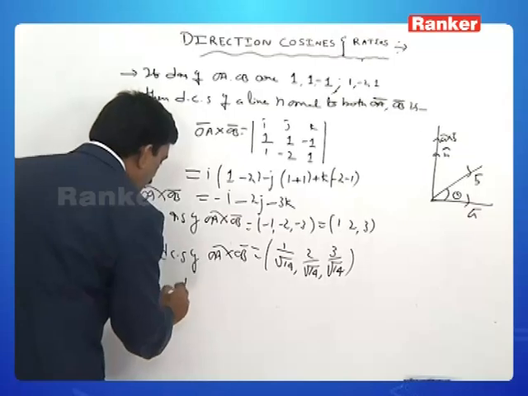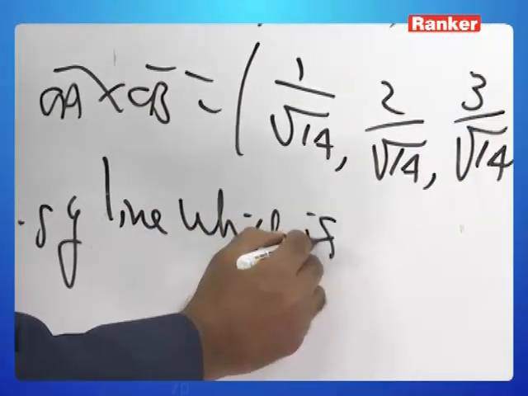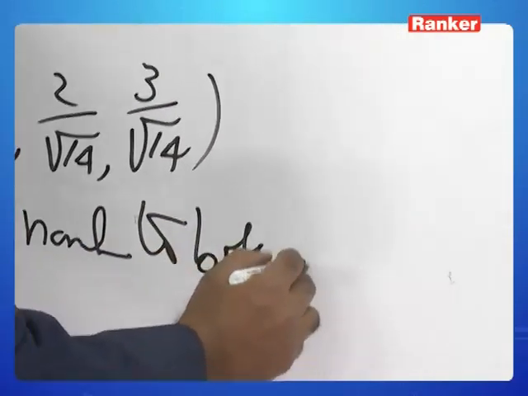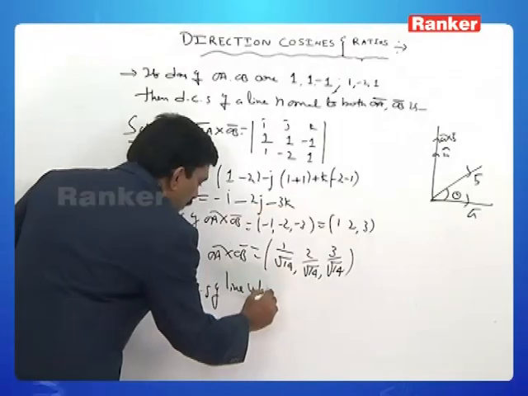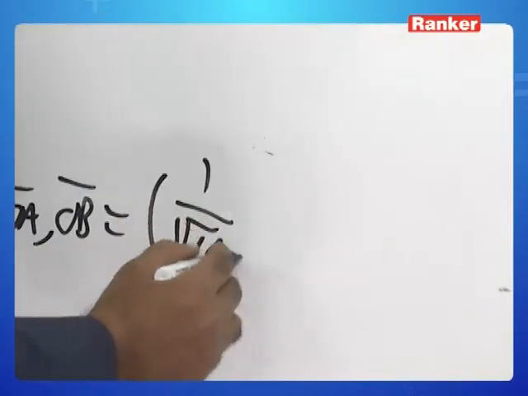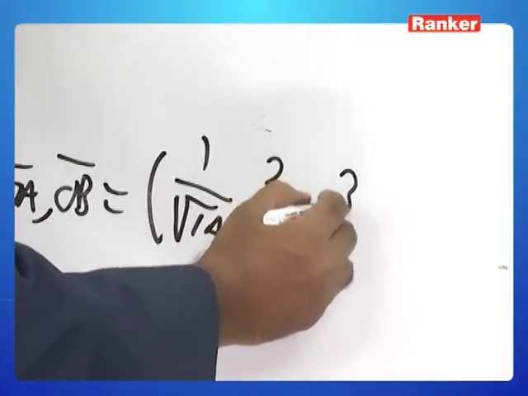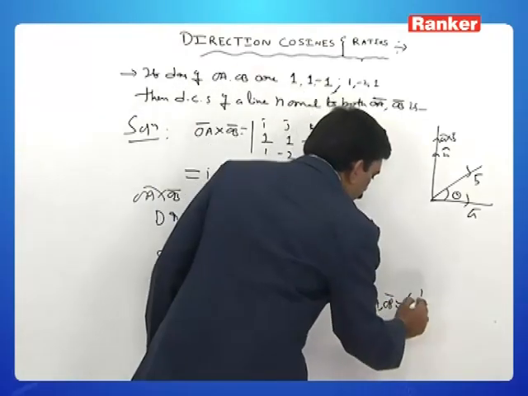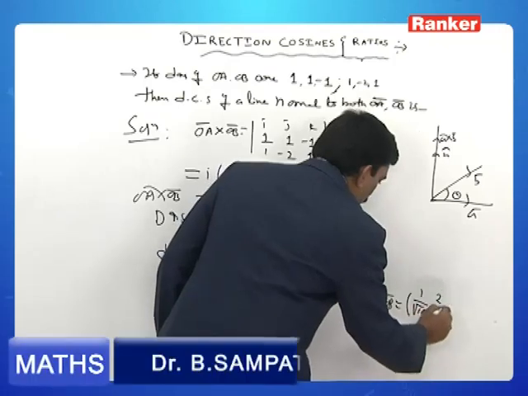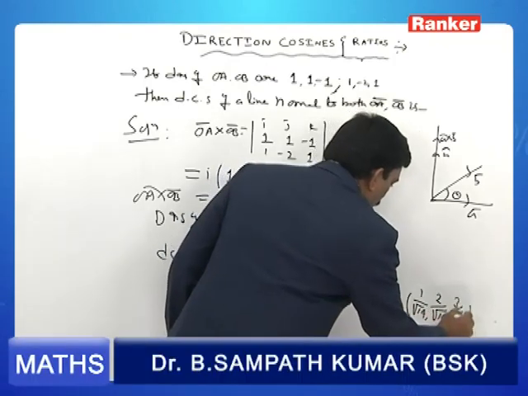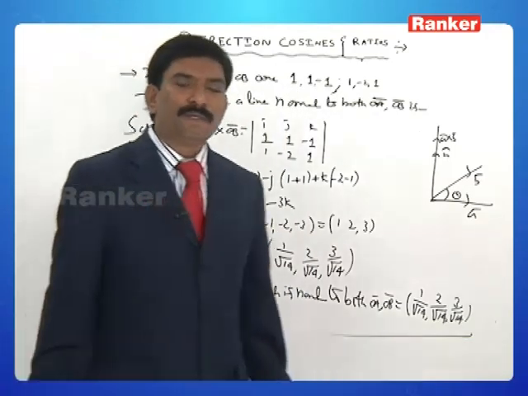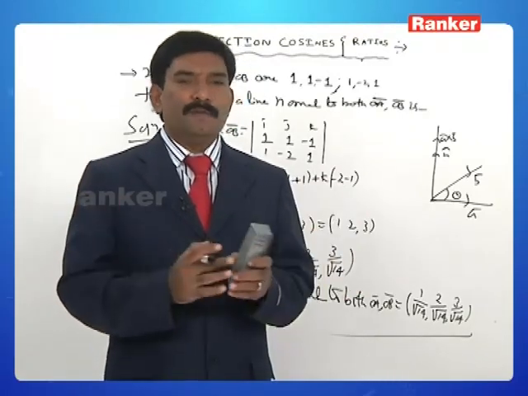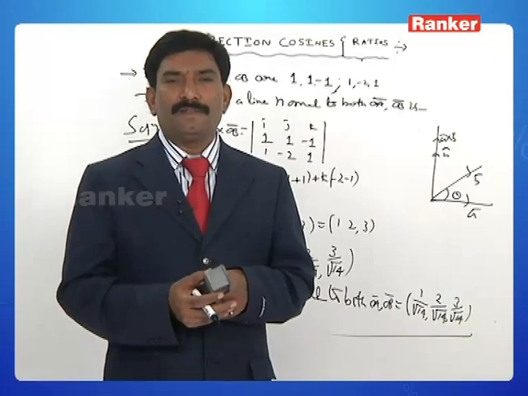So the DCs of a line which is normal to both OA bar and OB bar are given by 1 by root 14, 2 by root 14, 3 by root 14. This is how you can find the DCs of a line which is normal, or perpendicular, to both the lines.